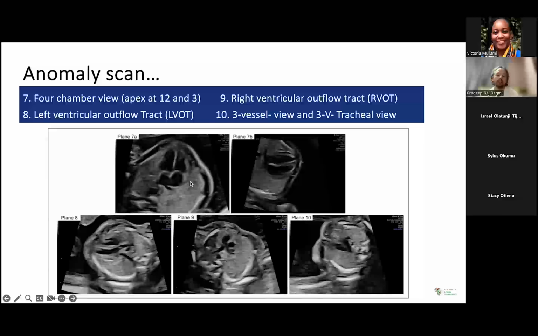So many times it is harder to get all these planes of the fetal heart. So if we can recognize this, get this 3D segmentation after getting one plane, it is so easy to diagnose congenital heart anomalies in fetus.